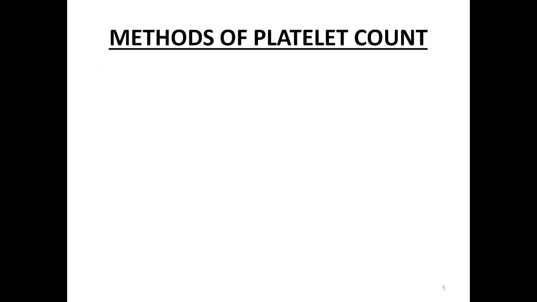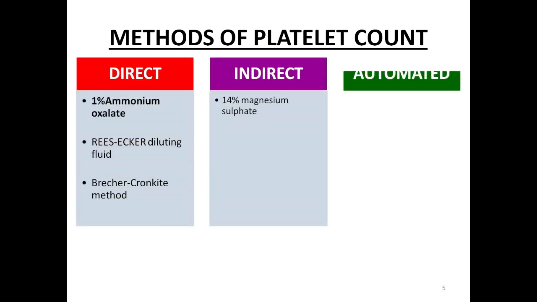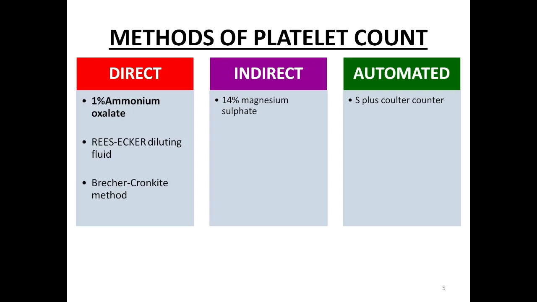So there are three methods. One is direct, then indirect, and then automated. For the direct method, we use any of three things: 1% ammonium oxalate, Rees-Ecker diluting fluid, and the Brecher-Cronkite method. Among these three, we use 1% ammonium oxalate in our lab.